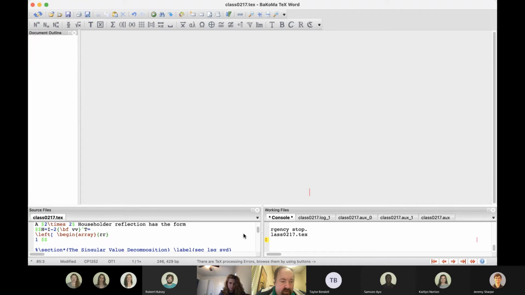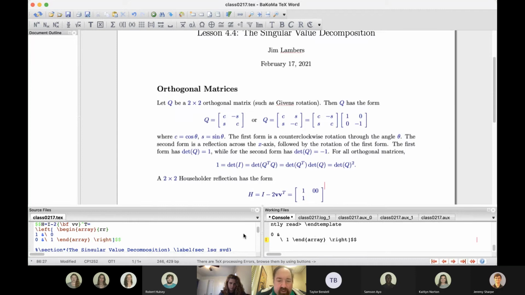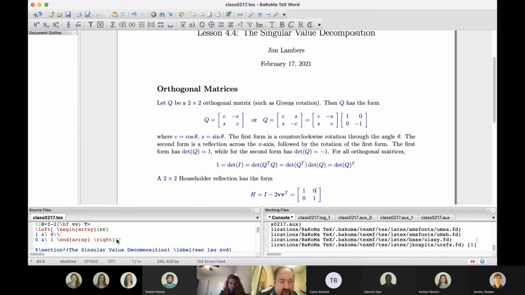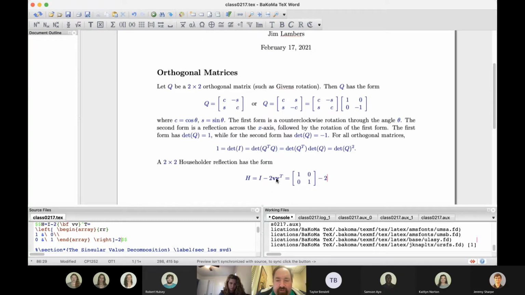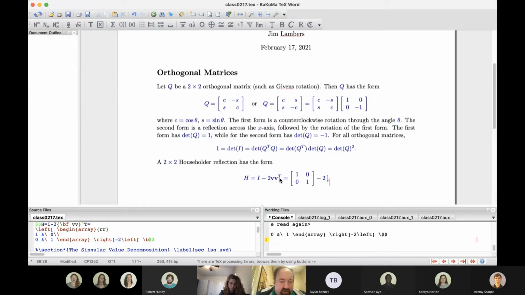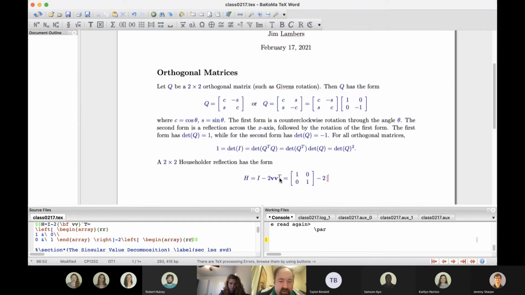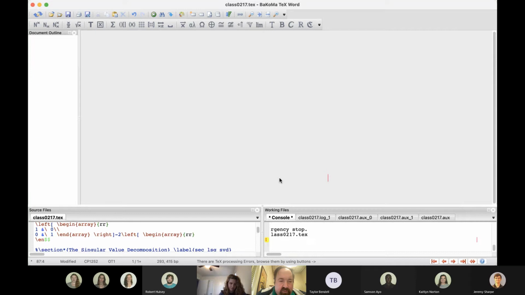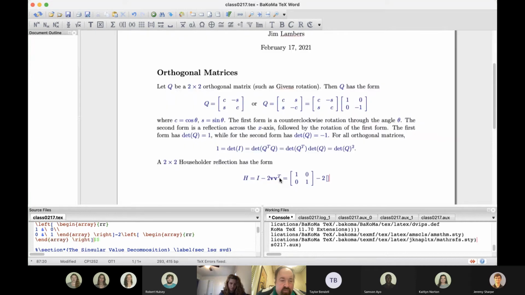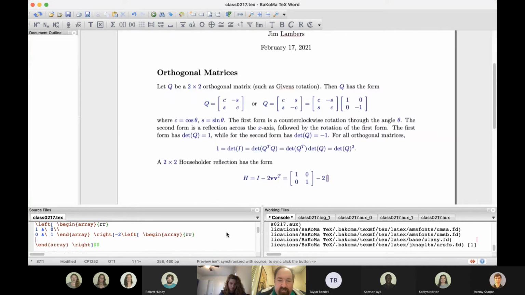All right, so that'd be identity, whoops, forgot to break the line, minus 2 VV transpose. That's an outer product. And this is a good opportunity to recall what an outer product looks like.